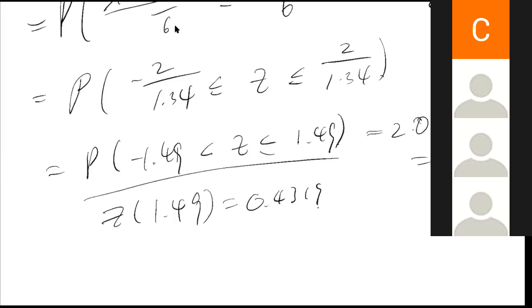Instead, the interval itself is random and varies to capture the fixed mu. If we construct 100 intervals, we expect about 95 of them to include mu. So definitely be aware of this definition. It may reappear sometime in the future.